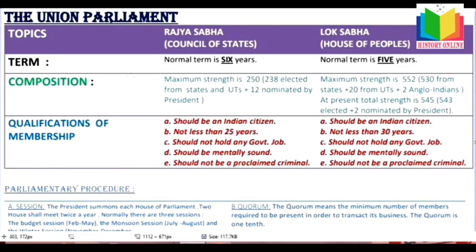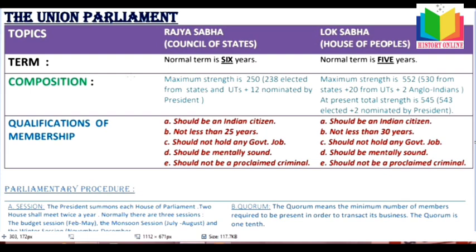Okay, the Union Parliament. The Parliament is the body of people's representatives who have supreme power of governance in a democratic country. The Parliament of India, together with the President and the two houses, forms the Union Legislature.